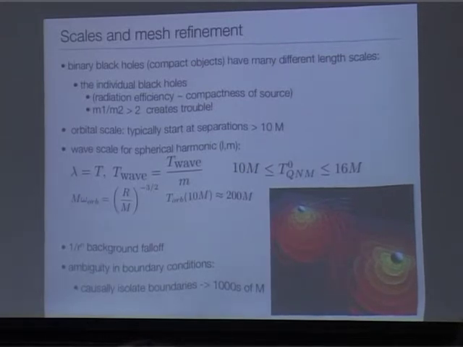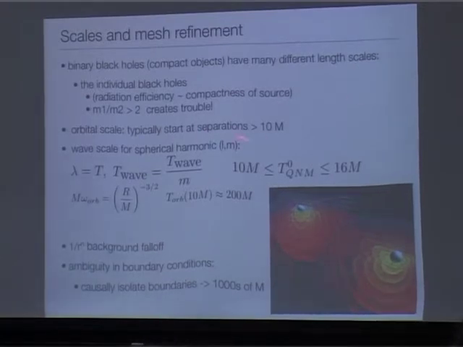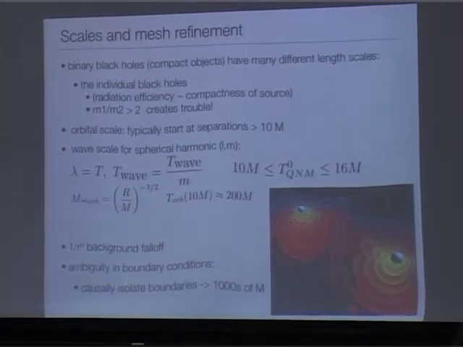Then you have the scale of the orbits. The orbits are much larger than the black hole. If you do this numerically, you can typically afford to start maybe at a separation of 10 mass units, maybe 15 mass units. You have something between 5 or 15 or so of these orbits. That's what you can afford.